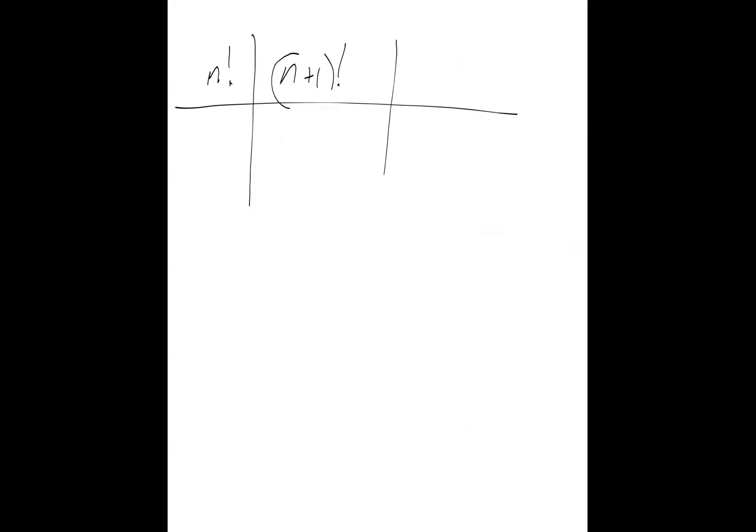So once again, we're going to express this as a ratio. We're going to take the time it takes to do the data on the larger set divided by the time it takes to do the data of the smaller set. So it's going to be n plus 1 factorial divided by n factorial. What is that? Well, first remember what the factorial represents.